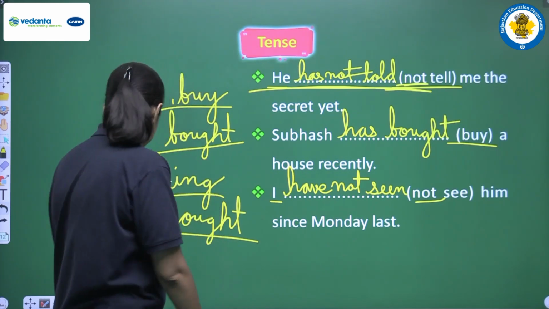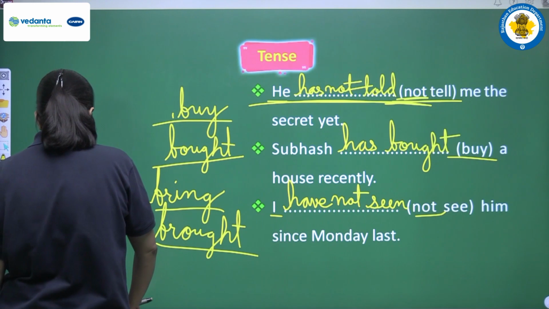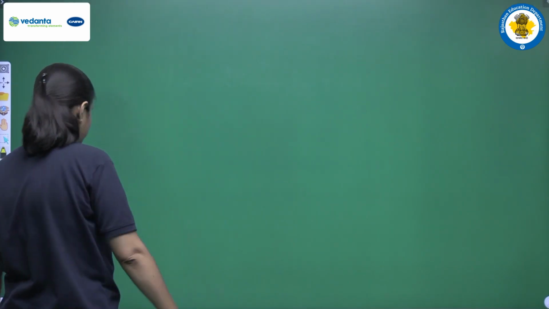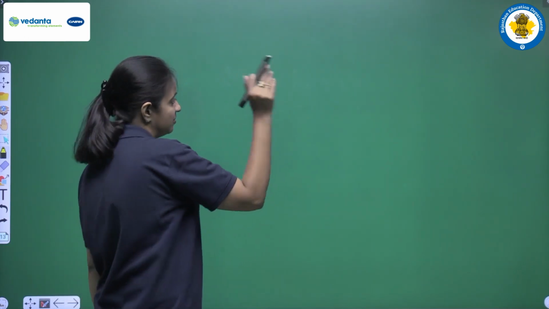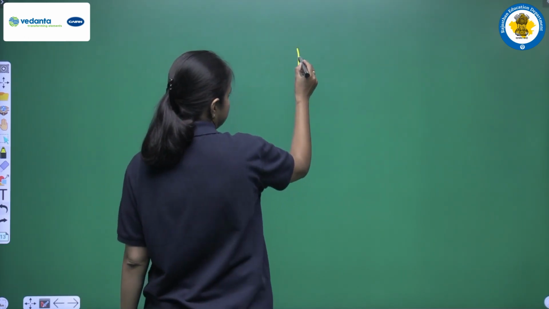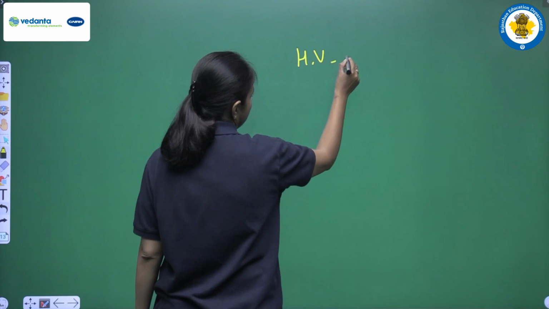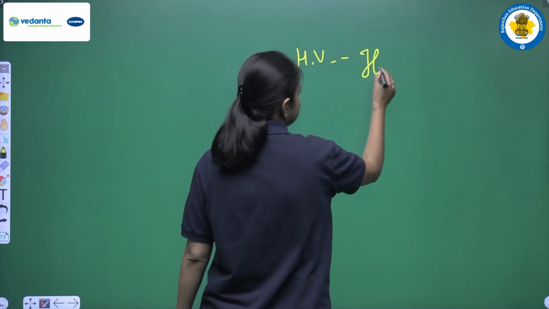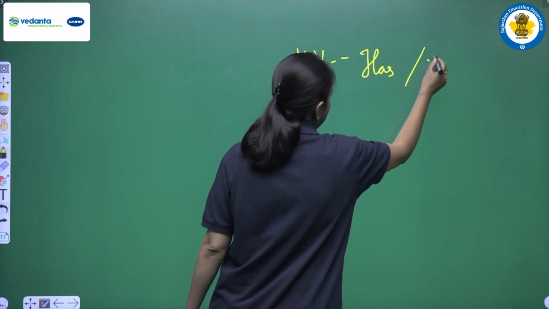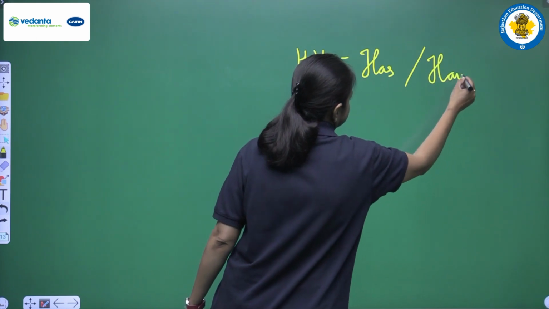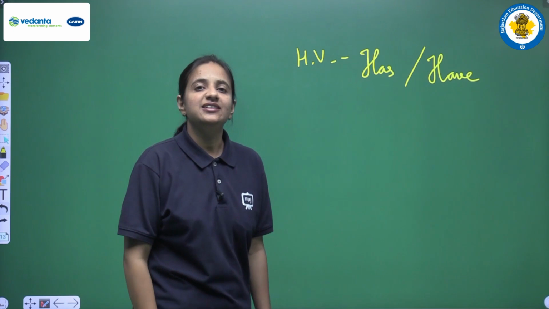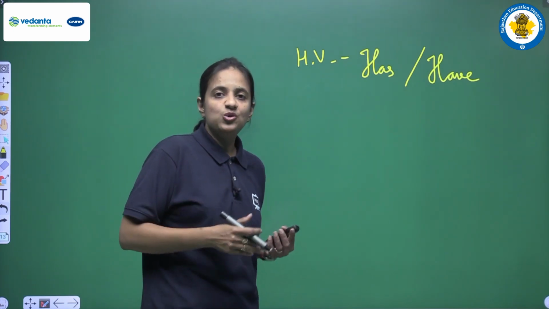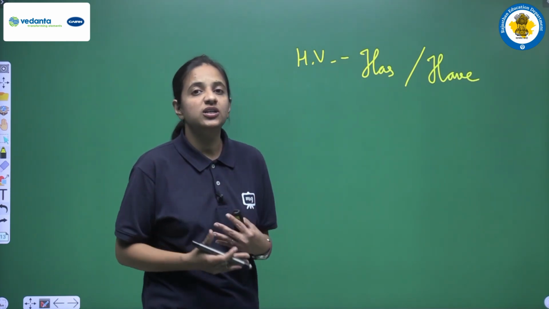Let's revise all the things one more time. Let's see all the rules one more time. Okay, so this was present perfect tense. So let's summarize this tense. So in this tense, as a helping verb, we are having two helping verbs, has and have. And now because we are having two helping verbs, this is clear that we have to use these helping verbs according to the subject.